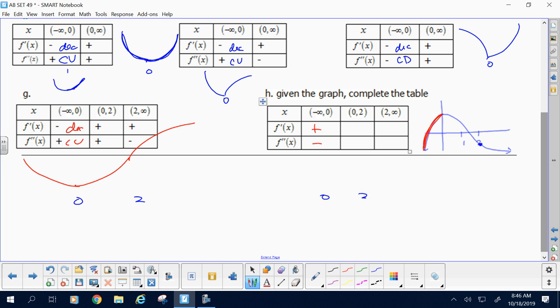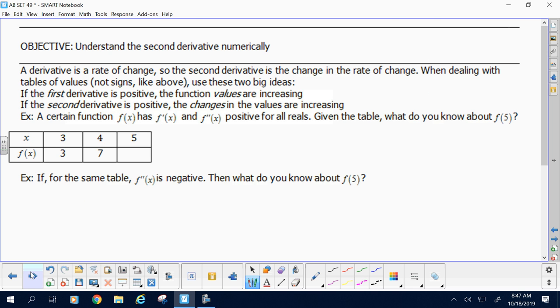Abby, haha, quiet person trying to hide. 0 to 2, what's going on 0 to 2? Both negative, they're decreasing and concave down, I agree. Who, Jim? It's decreasing. I see that, yes, so what are the signs? Negative, positive, I agree. Do we all see where we're coming from? Yes. Okay, cool. All right, let's go on then.